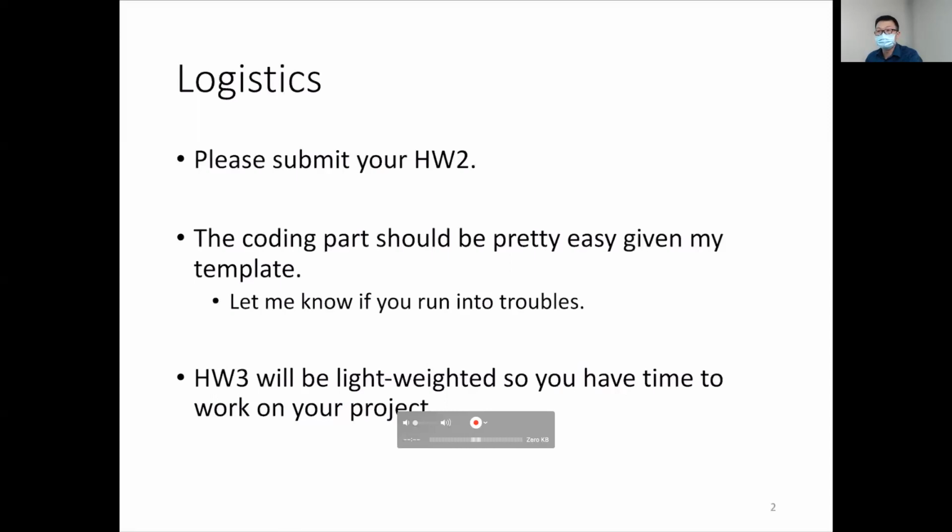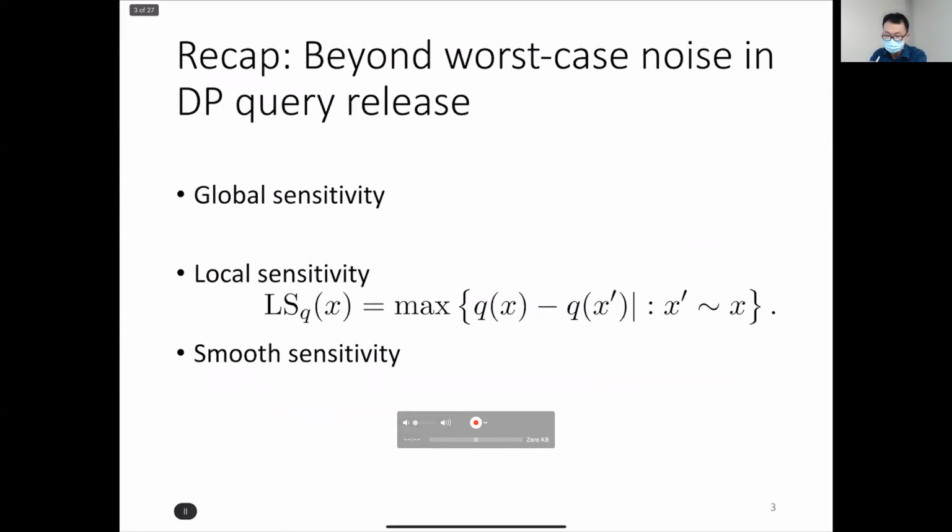I'll try to make it much shorter compared to homework 1 and 2. Homework 1 and 2 are not that long, but homework 3 will be shorter than 1 and 2. Each question, on the other hand, will carry more weight since we're doing even weighting for all 3 homeworks. All right, so let's get to the lecture.